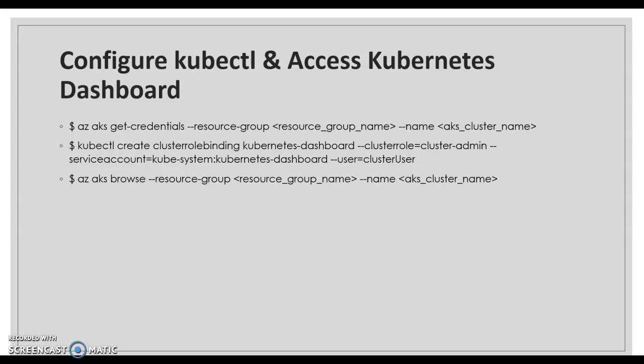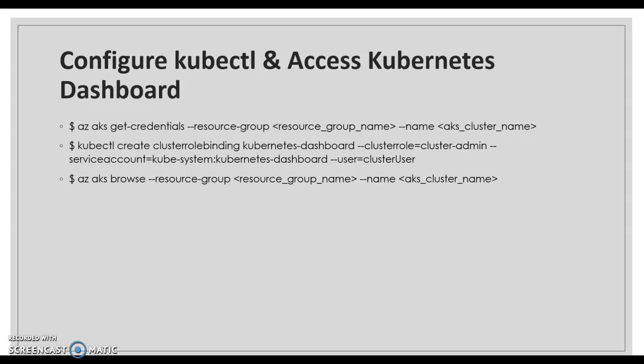Once we use this and get the credentials, that will show that we're logged into the AKS cluster. And once we do that, we can do kubectl create clusterrolebinding. The cluster role binding will make sure that it creates a cluster role binding with cluster-admin for the service account.